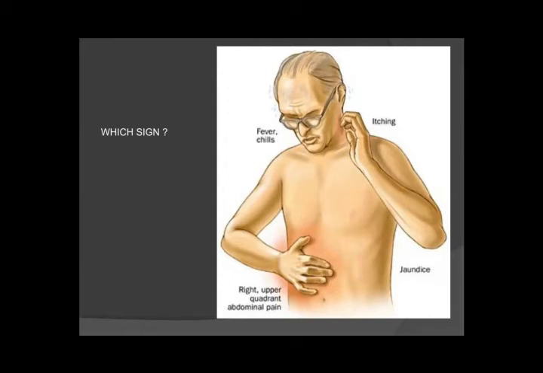The other sign that is highlighted, which is more significant for us, is the pain in the right upper quadrant. Right upper quadrant, right hypochondrium, whatever you want to call it, abdominal pain in that region. Where the patient has placed the hand, it's right below the right subcostal margin. Okay, along with that, the important thing is Charcot's triad of ascending cholangitis. What is in Charcot's triad? We've highlighted it: fever, jaundice, and right upper quadrant pain.